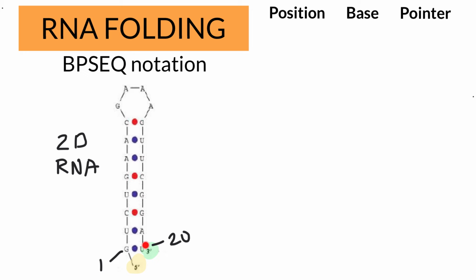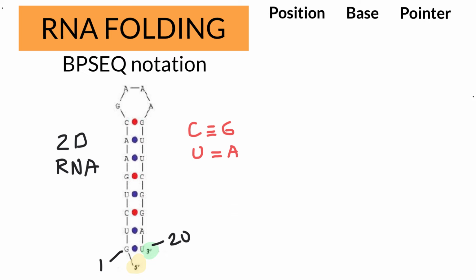Because this is RNA, instead of, for example, thymine, we see here uracil. As you know, cytosine base pairs with guanine and uracil base pairs with adenine. But between cytosine and guanine, there is a triple bond. Between uracil and adenine, a double bond.